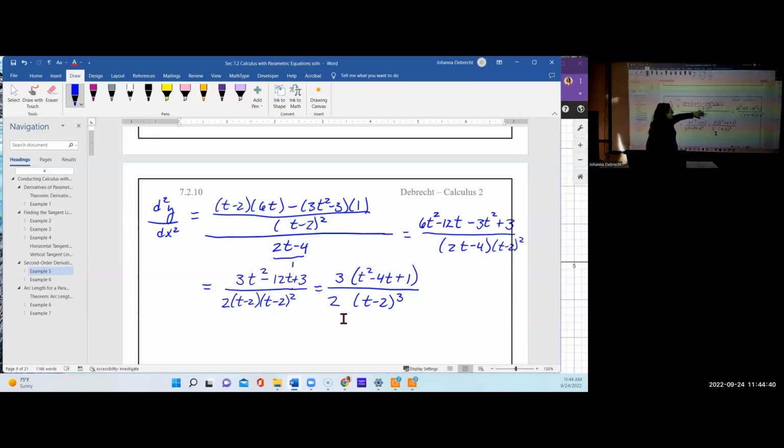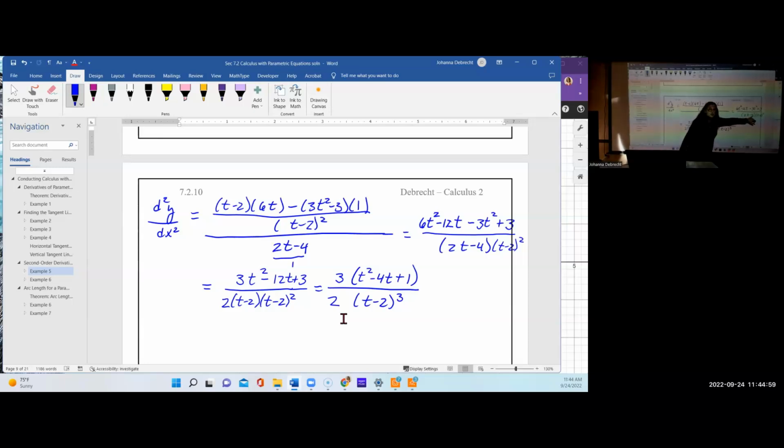So the extremes are these right here. The numerator becomes this part multiplied out times the 1 from the denominator of the denominator, which gives us this expression here. And it gives us the t minus 2 quantity squared times 2t minus 4 in the denominator.